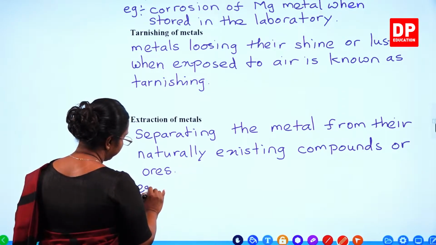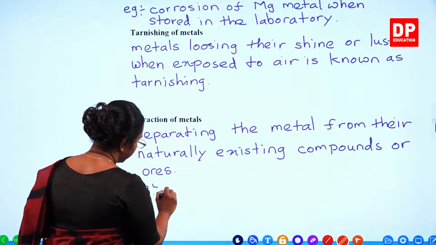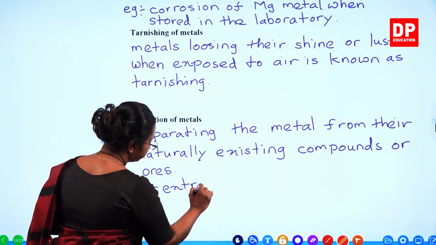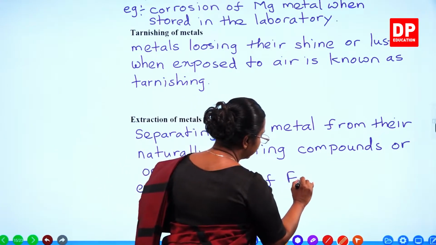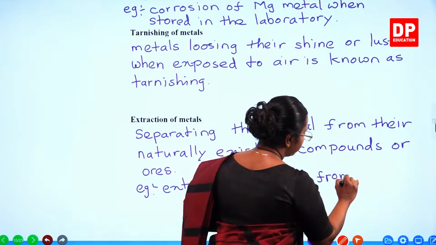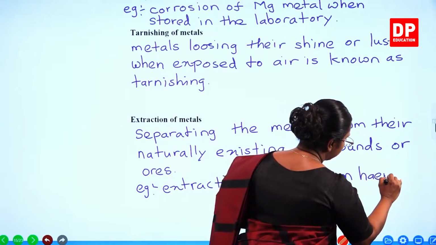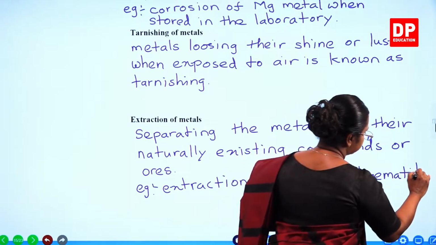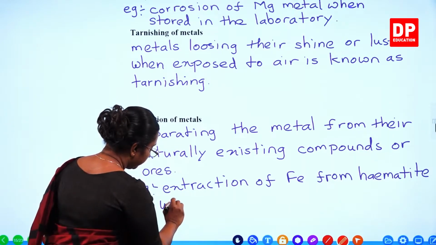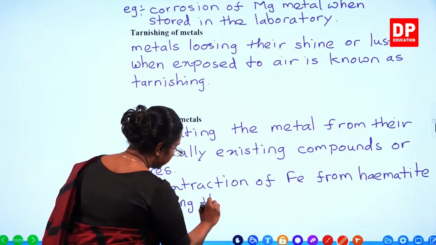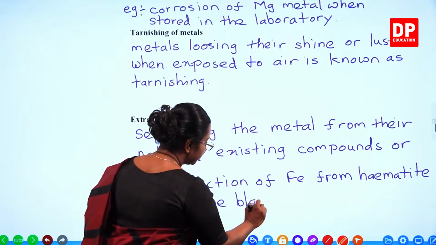So here again, for example, extraction of iron from hematite using the blast furnace.